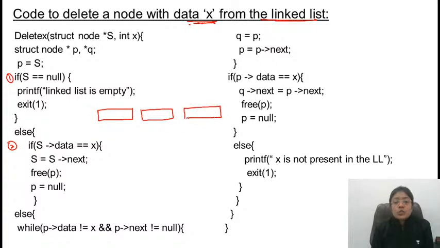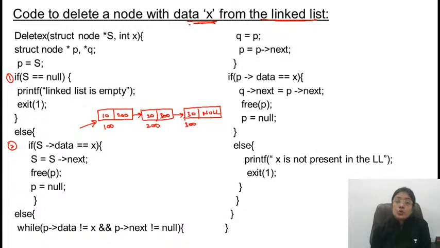In the first case, I am assuming that n number of nodes are there. First of all, you need to search for a node with data x. This is pointing to null. This is holding the data 10, 20 and 30. No node is containing data x, and each is pointing to the next node.